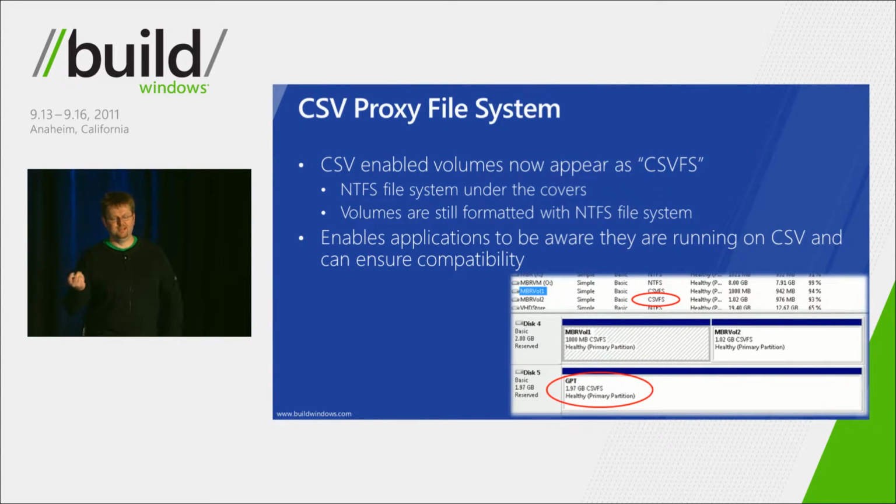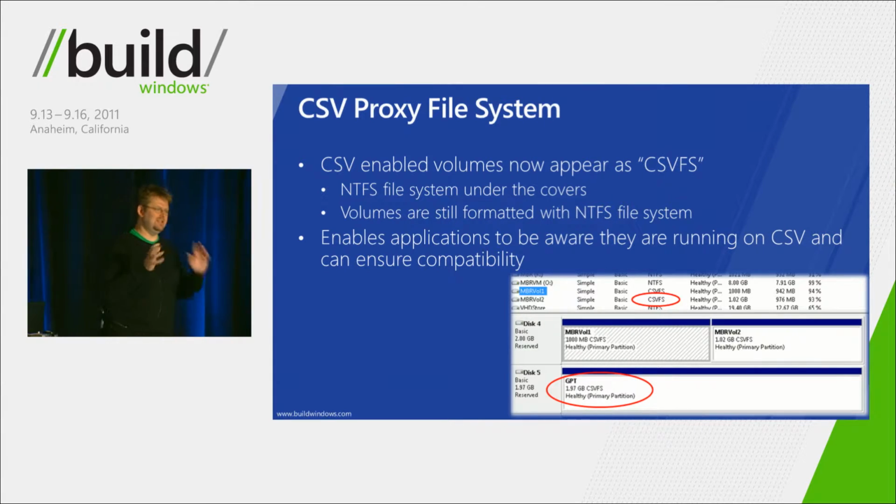All right. Another thing you're going to notice, which is different about CSV, it will now appear as CSVFS. So if you go into disk management, in the past, even though under the covers it's really NTFS, you format it as an NTFS volume, you then enable it for CSV, it will now appear in disk management as CSVFS. We did this for a couple reasons. First off was to enable you. You may want to run on CSV, you may not want to run on CSV, and we wanted to give you some mechanism to determine if you were running on CSV or not.